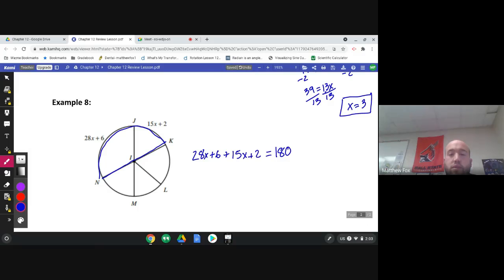Combine our like terms, 28x plus 15x gives us 43x, 6 plus 2 is 8. Subtract that 8. 43x equals 172. We divide by 43 and we will get x to equal 4.